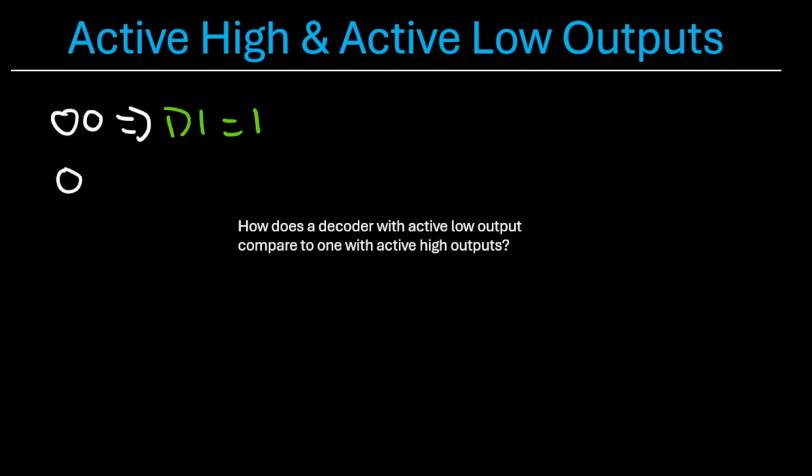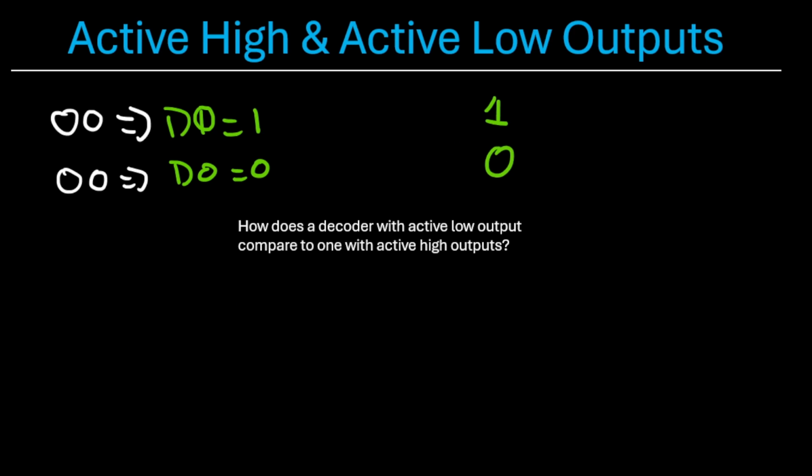Well, all that's different is if we input 0, 0, our D0 pin will be 0. So active high, meaning that whatever output pin is active, will be 1, whereas active low means that whatever output pin is active will be 0 instead of 1.